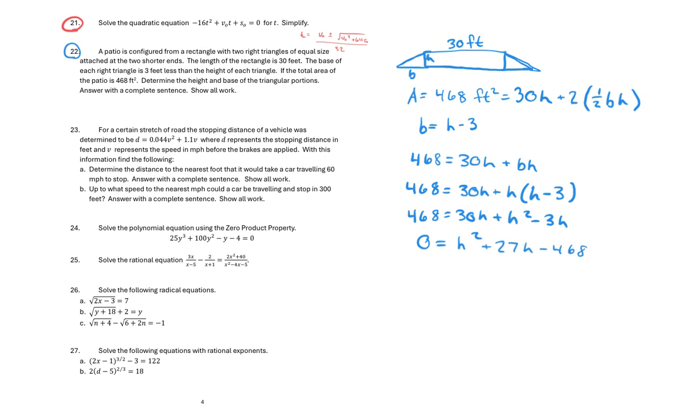So from here, we can take this and plug it in to the quadratic equation to solve for h. So I know h is going to equal negative b, so negative 27, plus or minus the square root of 27 squared, minus 4ac, so that's going to be plus 4 times 1 times 468.